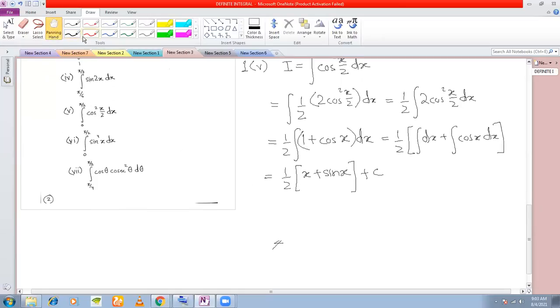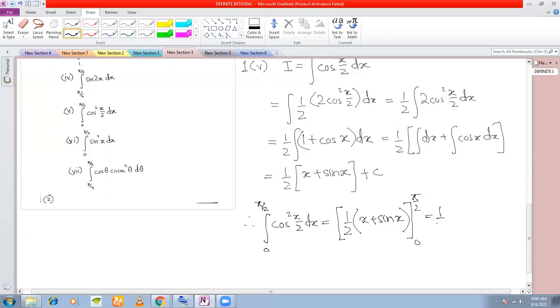Okay, so we have evaluated this as an indefinite integral. Now we put the limits. Therefore, what are the limits? Integral 0 to pi by 2 cos square x by 2 dx is equal to half x plus sin x. Write it without the constant of integration. This evaluated between the limits 0 to pi by 2.